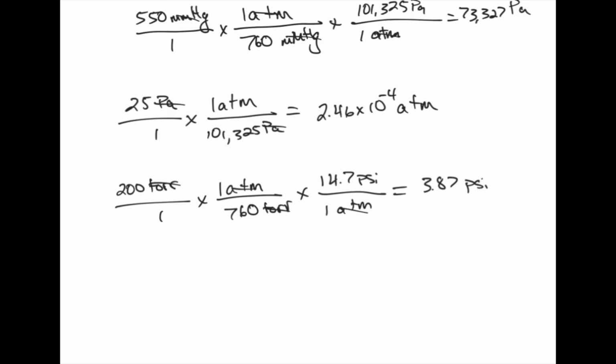Now, if we go back to our definition of pressure and look at the particle diagram of it, we can start thinking about what are some variables that may change the rate at which these particles collide with the sides of their container, right?